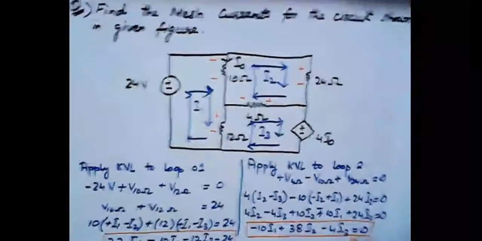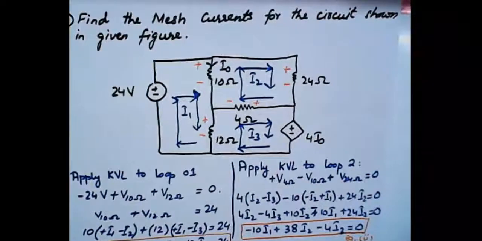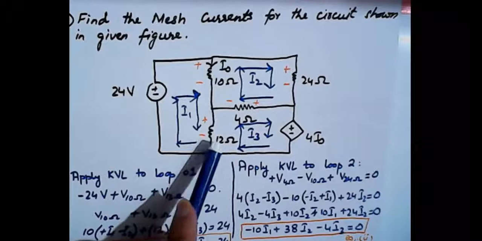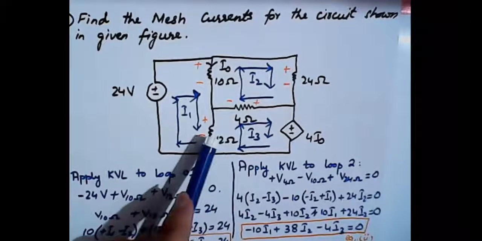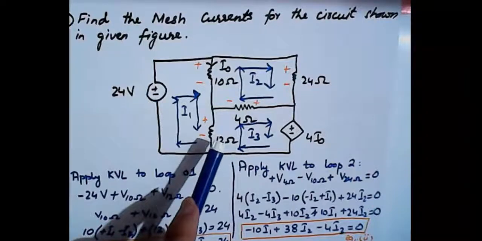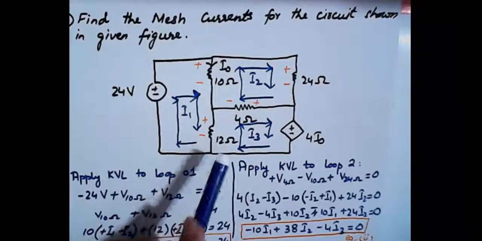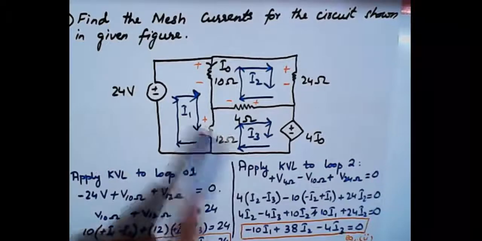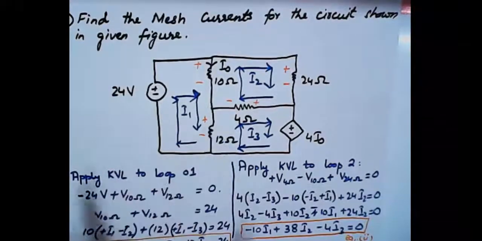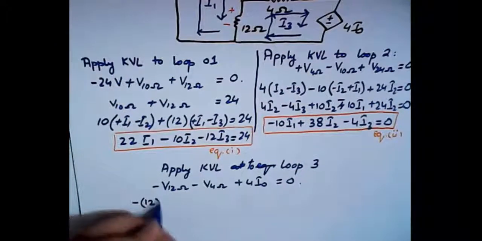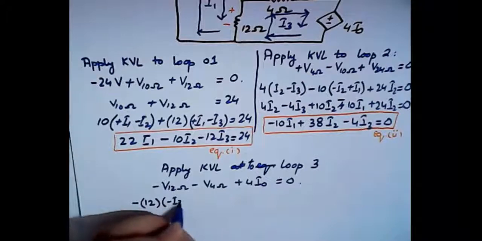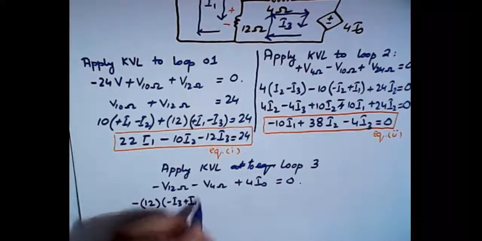So again, when we are looking at this example, we see that here the 12 ohm resistance is common between two loops, so the net current through this resistance will be the difference of two currents. I1 is entering the positive terminal and I3 is entering the negative terminal, right? So it will become minus 12 times I3 plus I1, right?